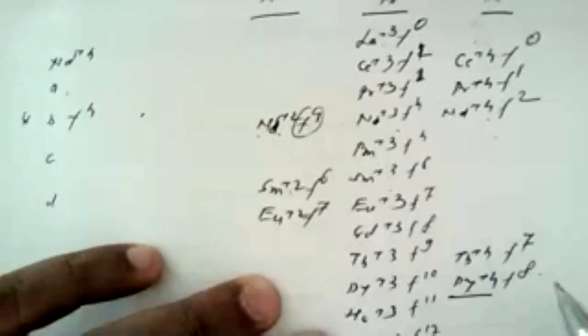So if it is given dysprosium +4, then you should write the 4f8 configuration. So I am telling you once again that you must learn the series by heart, including the correct electronic configuration. Now we have completed the oxidation states.